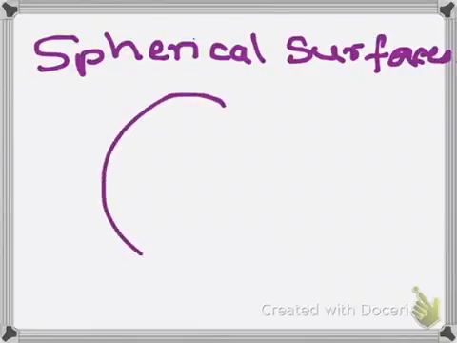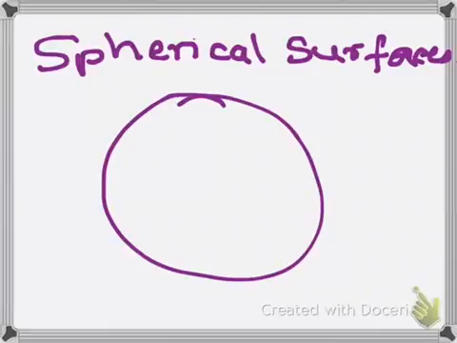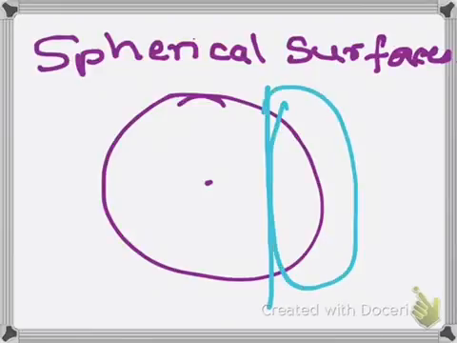So let us say that this is a sphere which has a center, and this is a reflecting surface. So a spherical mirror will basically be a part of it. So let us say this will be a spherical mirror, and this is going to be a spherical mirror which will reflect light.